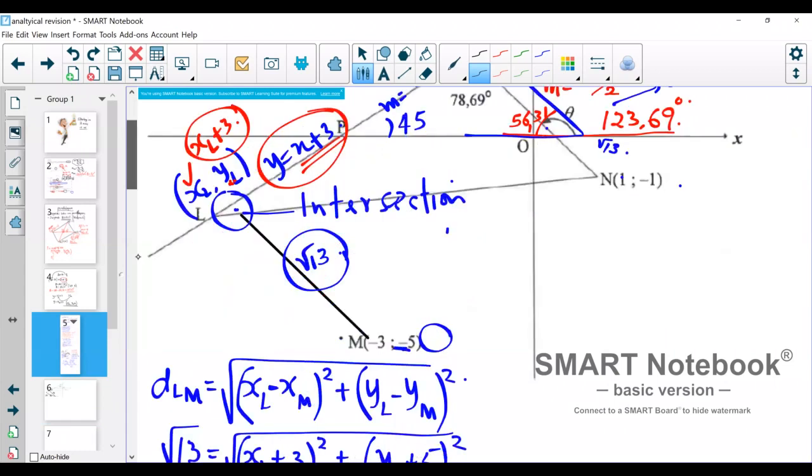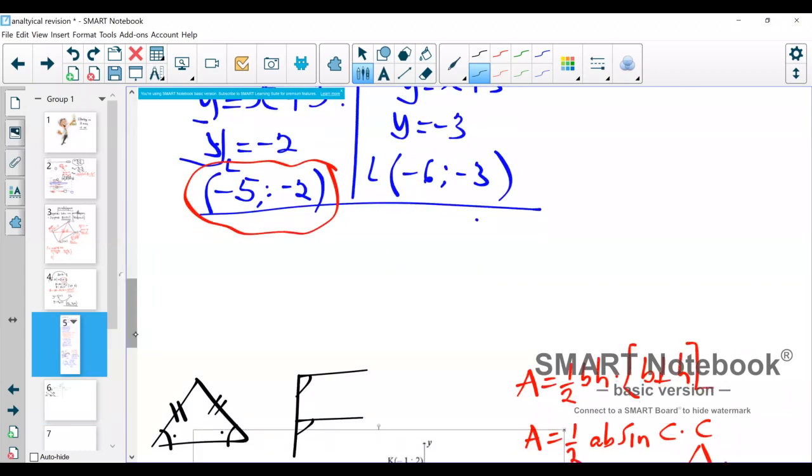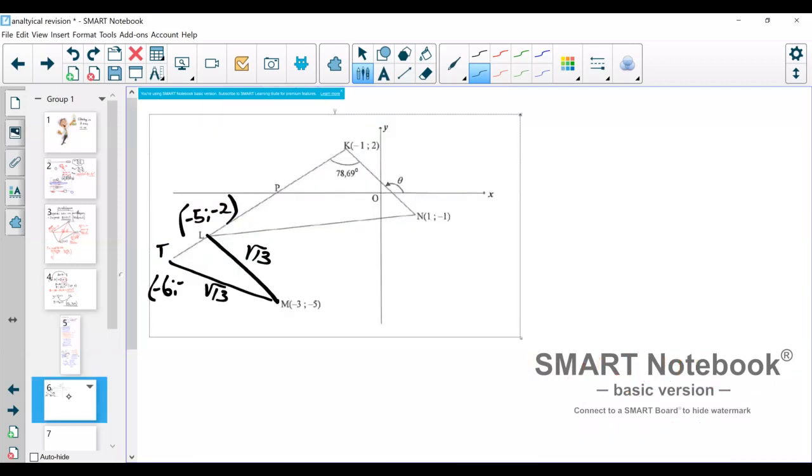No, it's somewhere here. -6 and -3. Now, what that simply means is that the other option is our T value. That is the secret there. We got two options, -5 and -2, but it's very difficult for Elena to think like that. That's why I had to go through that other option.